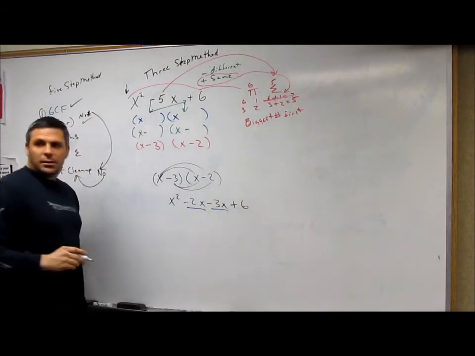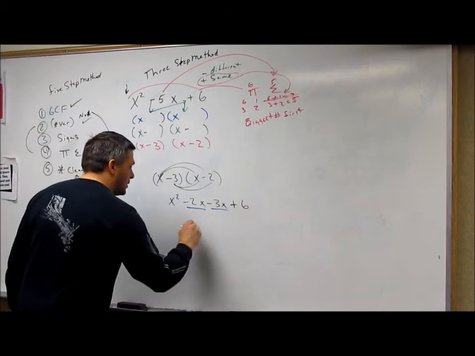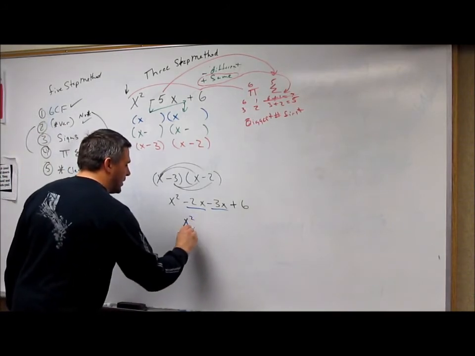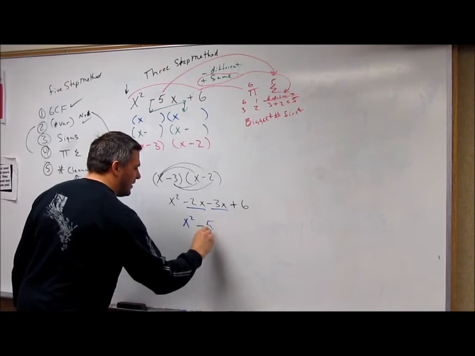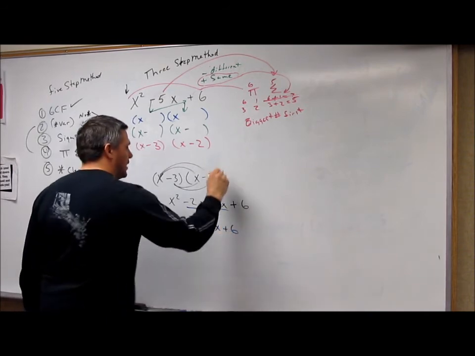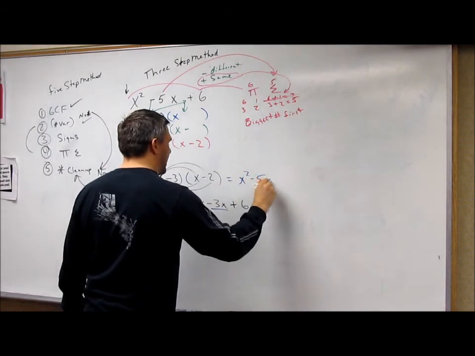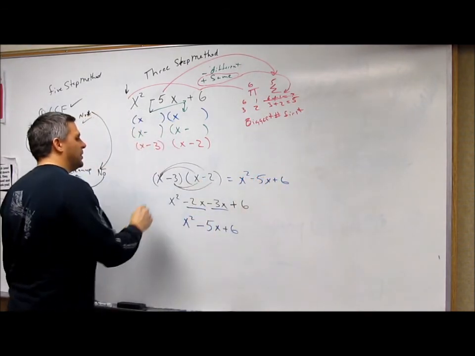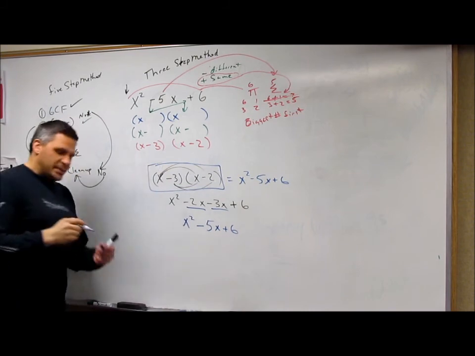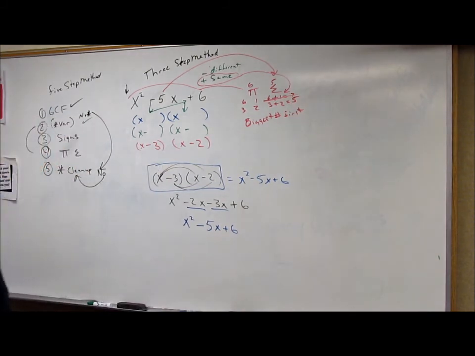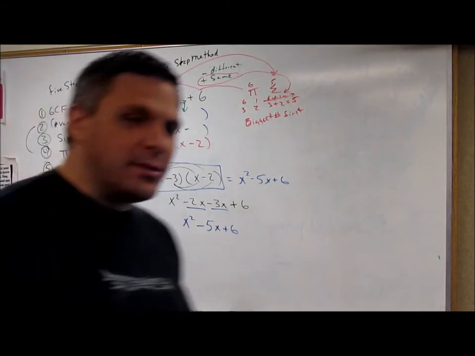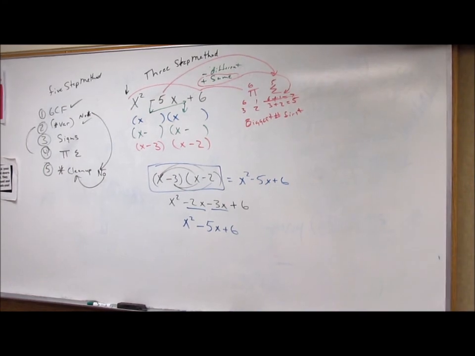These are like terms, so therefore x squared minus 5x plus 6. So this does equal x squared minus 5x plus 6, and I'm good. That's my factor. So that's prime factor, or that's factoring 3-step method.